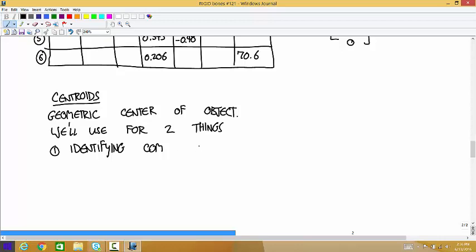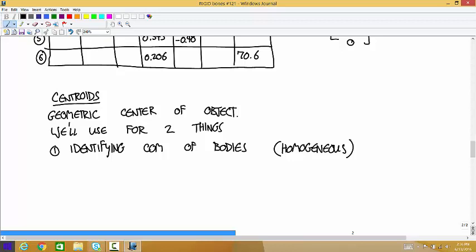So identifying the center of mass of bodies. In order for this to work, the body needs to be homogeneous, for the center of mass and the centroid to be the same thing. Homogeneous means it's the same material everywhere.